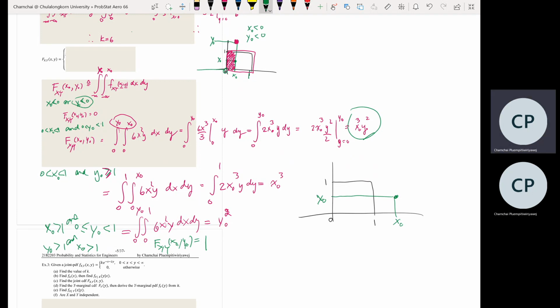There's no over 3 because the y squared cancels the 2. You go back to the one above, but this y becomes a 1.